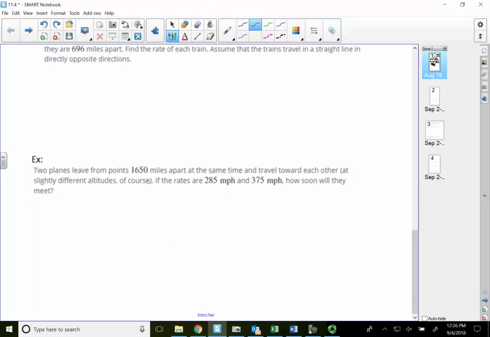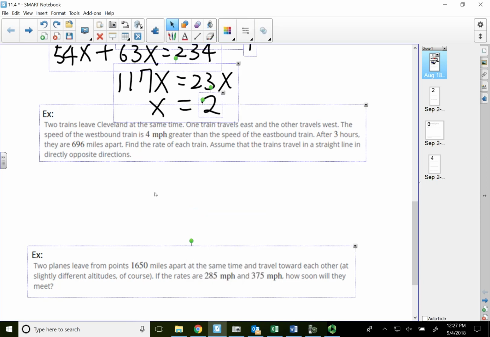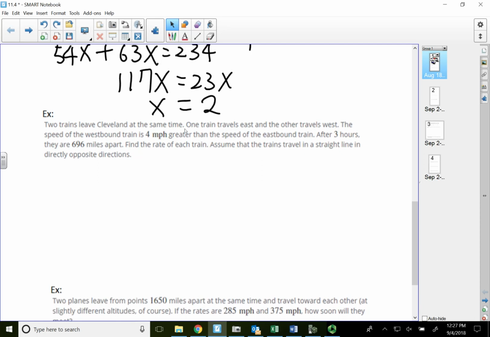All right, let's take a look at another example. Two trains leave Cleveland at the same time. All right, they're leaving at the same time. One travels east and the other travels west.